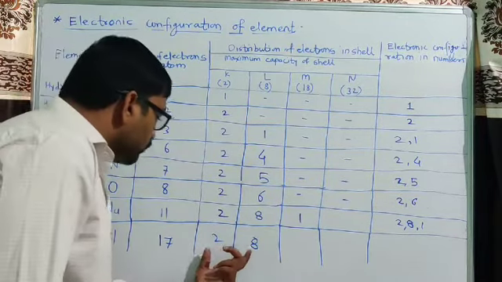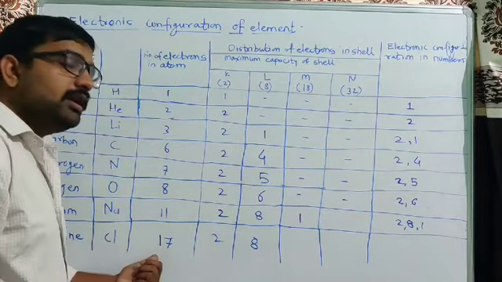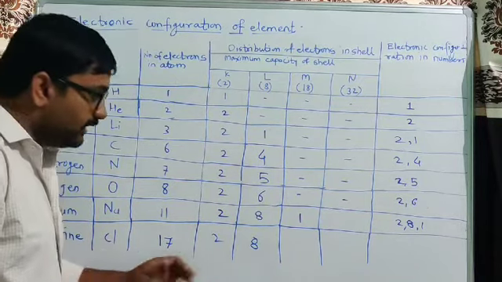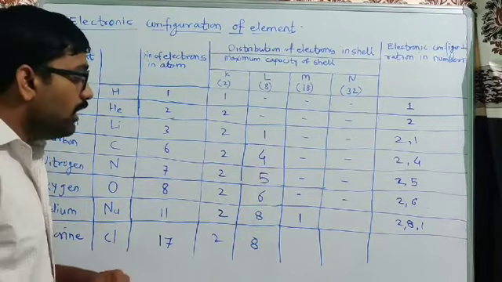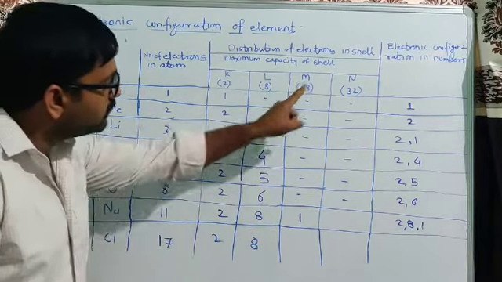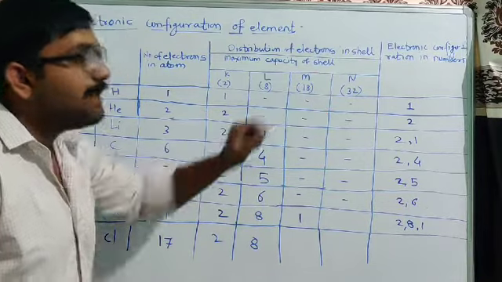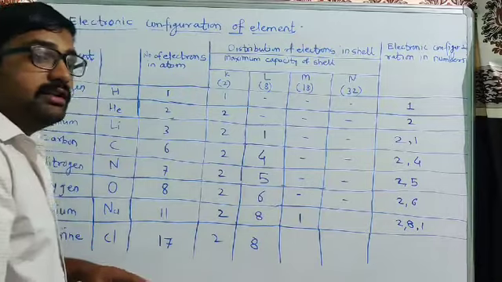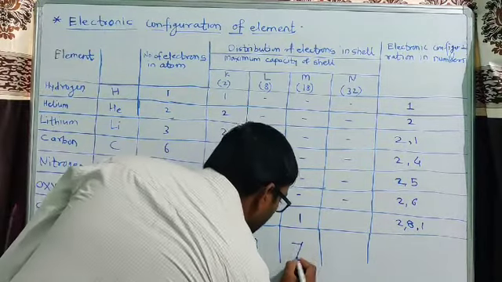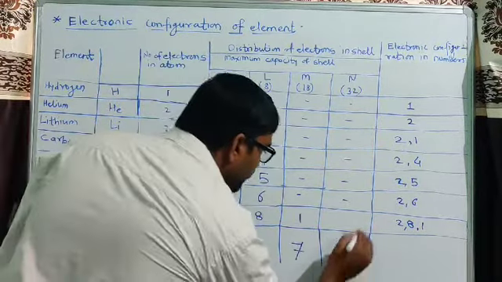So 10 electrons are used, and the total is 17, so 7 electrons still remain. Those 7 electrons will be added in the M shell, because the maximum capacity of the M shell is 18.